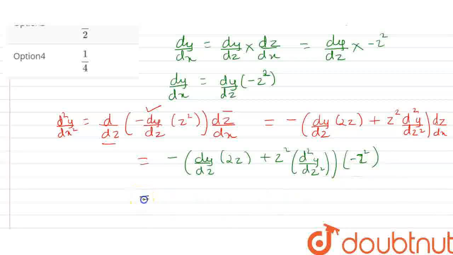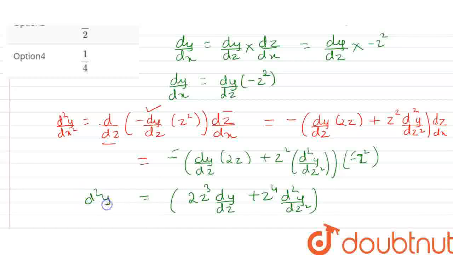So now this minus and this minus will become plus, and multiplying z square inside we get 2z cube dy by dz plus z to the power 4 d2y upon dz square.